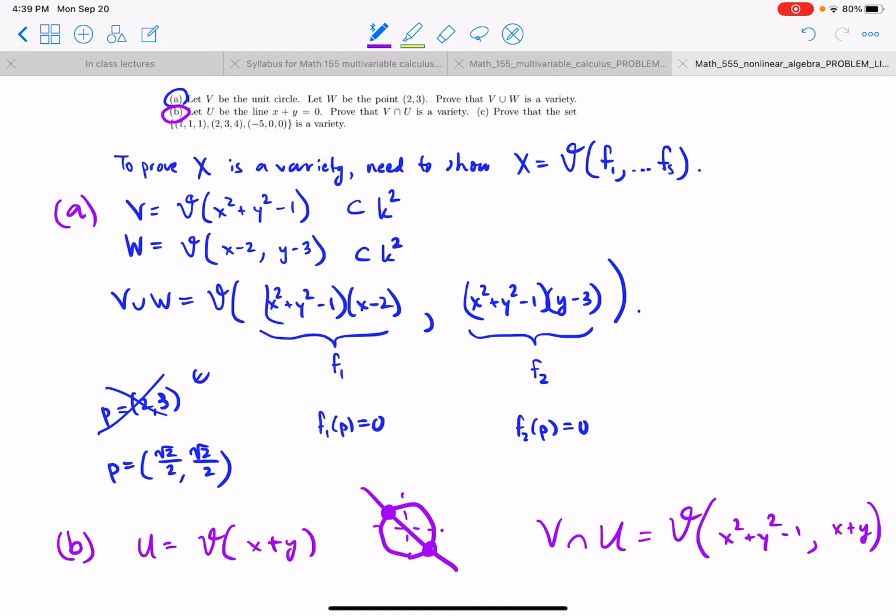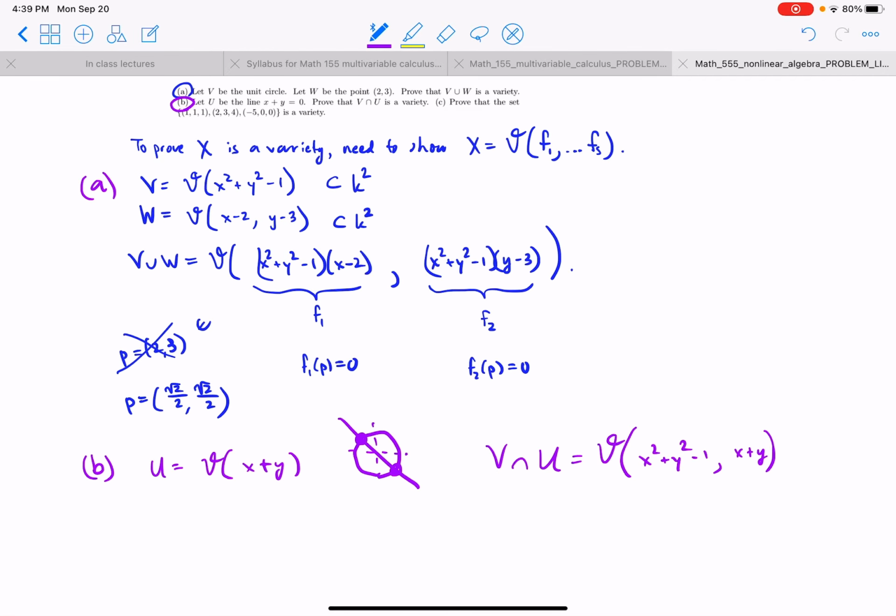It's the vanishing set of these two polynomials. Both of these polynomials must vanish, and that will give not a circle, not a line, but two points. What are those two points? Well, it's (root 2 over 2, minus root 2 over 2) and the point (minus root 2 over 2, root 2 over 2).